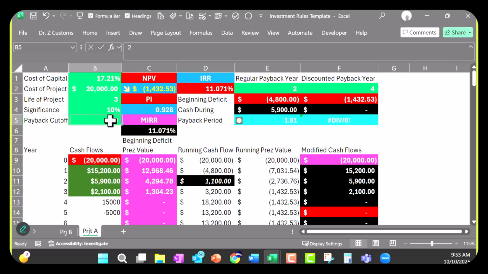More importantly, the payback period is also less than the cutoff. Because if project A was, let's say, 2.01, your answer would have been I would pick neither, because neither of them is acceptable, because I want at most 2 years of payback period.